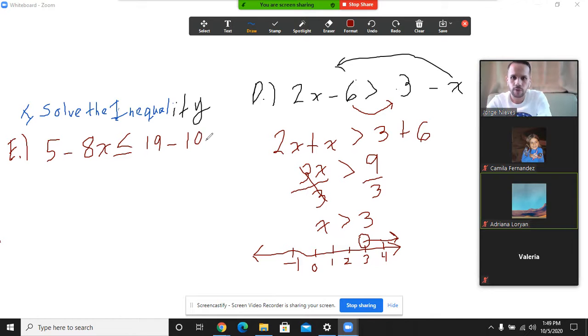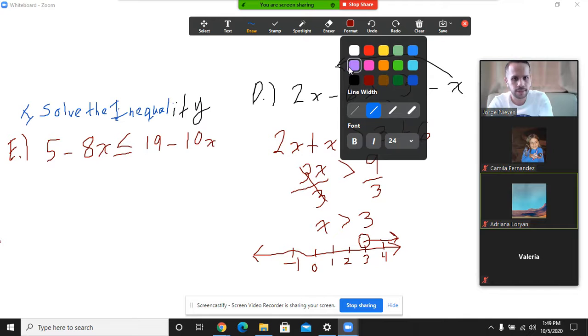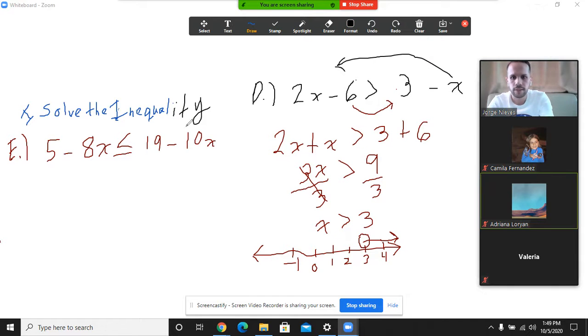Okay, so I'm going to do the same thing. I want the variables to the left side and the whole numbers to the right side. So I'm going to move the negative 10x to the other side of the inequality and the positive 5 to the other side of the inequality.